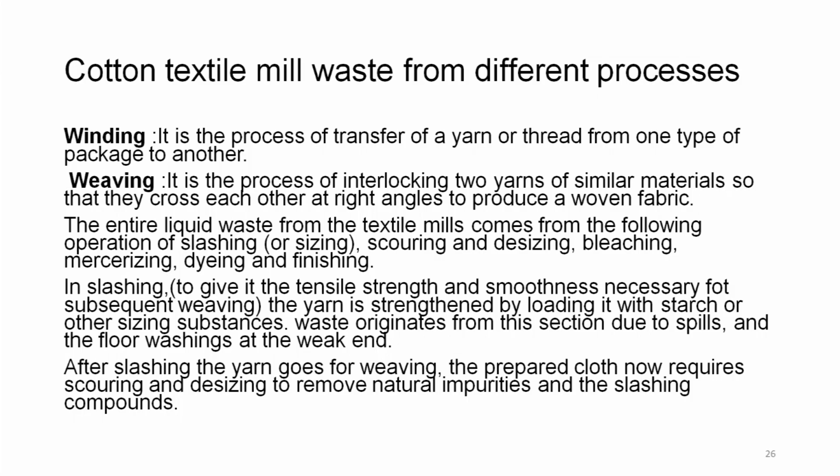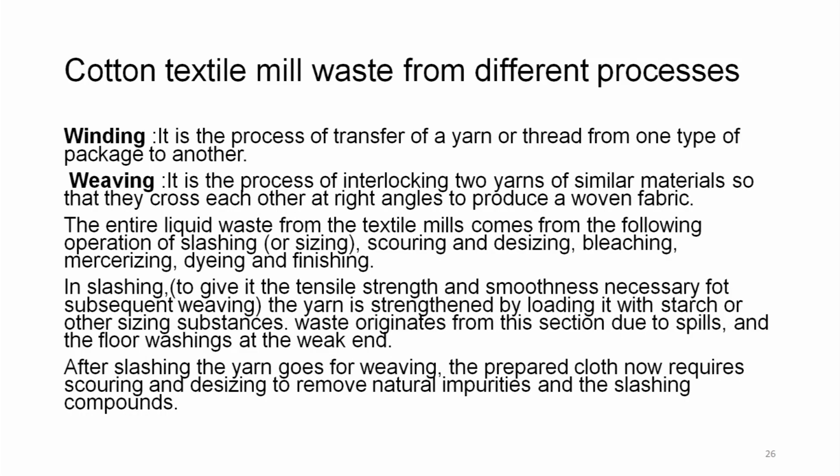In slashing, to give the yarn tensile strength and smoothness, it is strengthened before being woven by loading it with starch or other sizing substance. Waste originates from this section due to spills and the floor washing at the weekend. After slashing, the yarn goes to weaving.